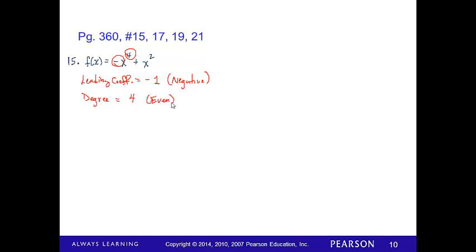Well, the previous slide told us that when we have an even degree, and our leading coefficient is negative, then our graph would fall to the left as well as fall to the right. So this graph falls to the left as well as falls to the right.